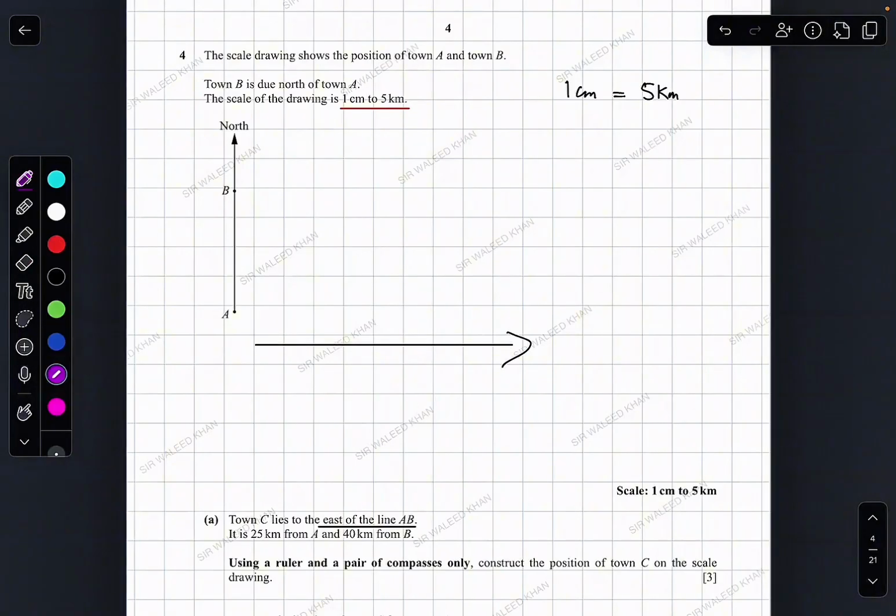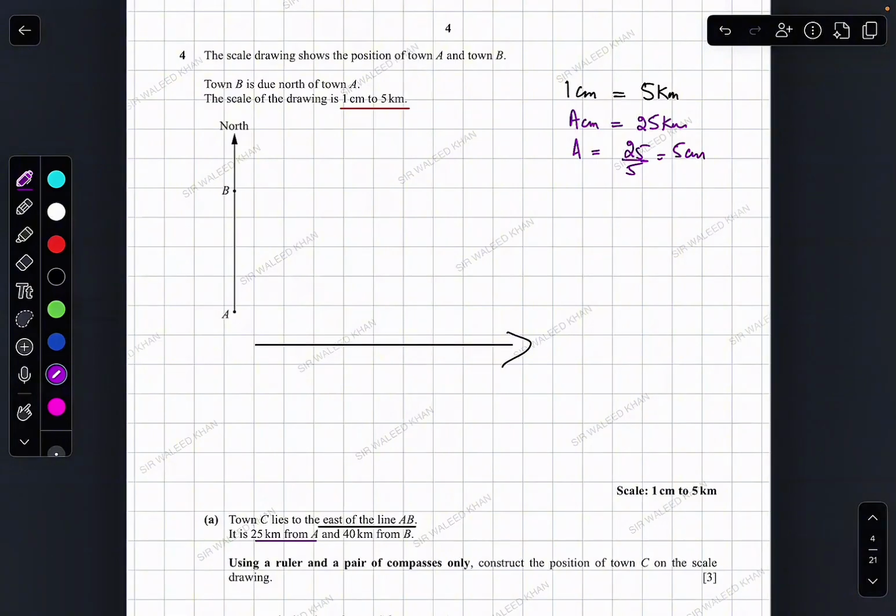So A, and I am going to convert this into centimeters. From A in centimeters, we don't know, but in kilometers it's 25. So using the same scale, from A, it's 25 by 5, which is 5 centimeters.